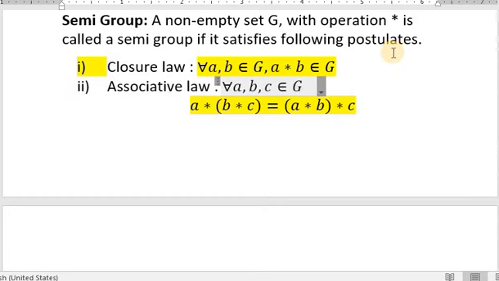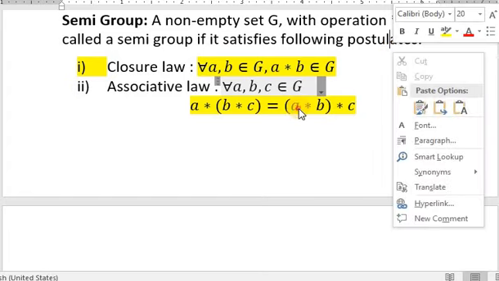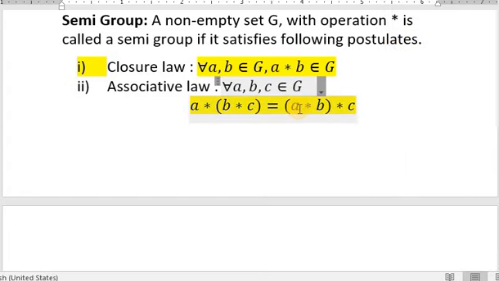A group must satisfy 4 postulates: closure law, associative law, existence of inverse, existence of identity. Suppose a non-empty set G satisfies only 2 conditions, closure and associative, then we call it a semigroup.